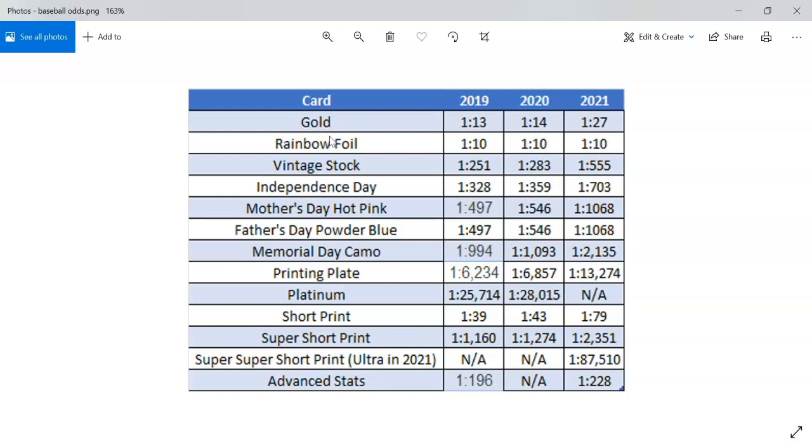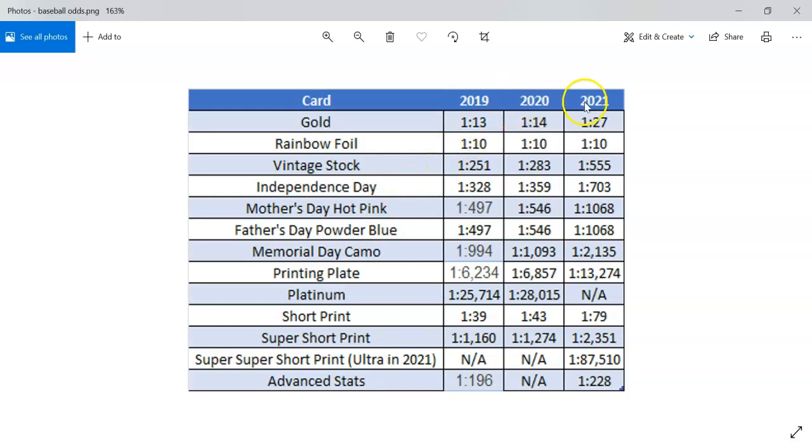They might be shinier, they may have a piece of someone's real jersey, or they might be what they call a parallel card, where there's foil stamping and extra materials, and it's glossier and worth a lot more money. You see rainbow foil, vintage, Independence Day, Mother's Day hot pink, Father's Day powder blue. These are sets within the regular set that are very hard to find.